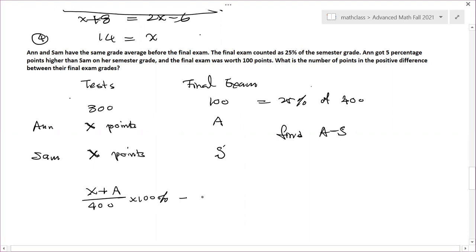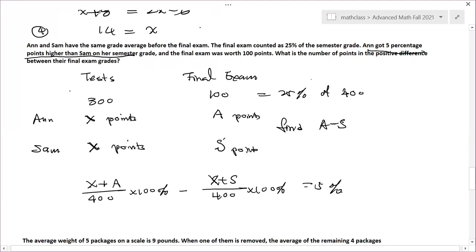Minus (X plus S) divided by 400 times 100%. That's supposed to be 5%. It's a difference, right? That's what it says: N got 5% points higher than Sam for the whole semester. The whole semester should be calculated as the number of points from the tests plus the number of points from the final exam.